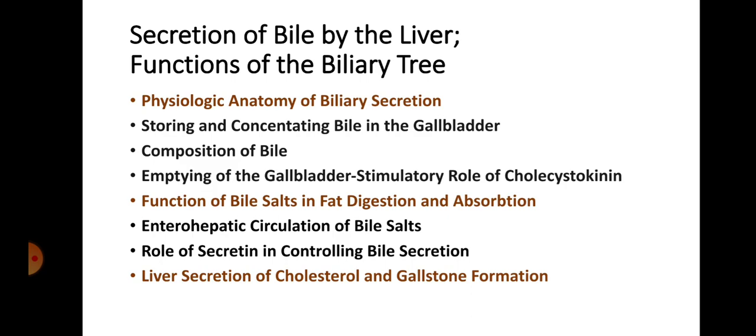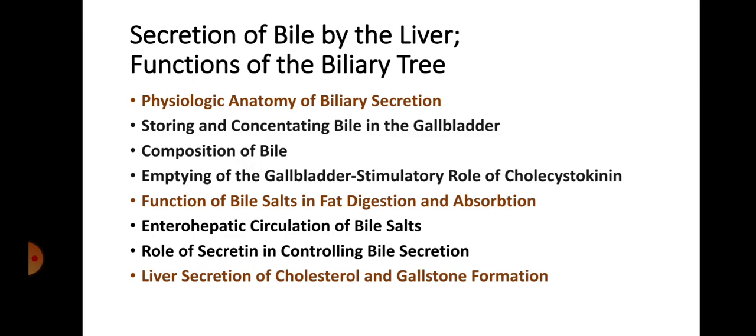Thus, the secretin feedback mechanism for neutralizing duodenal acid operates not only through its effects on pancreatic secretion, but also to a lesser extent through its effect on secretion by liver ducts.